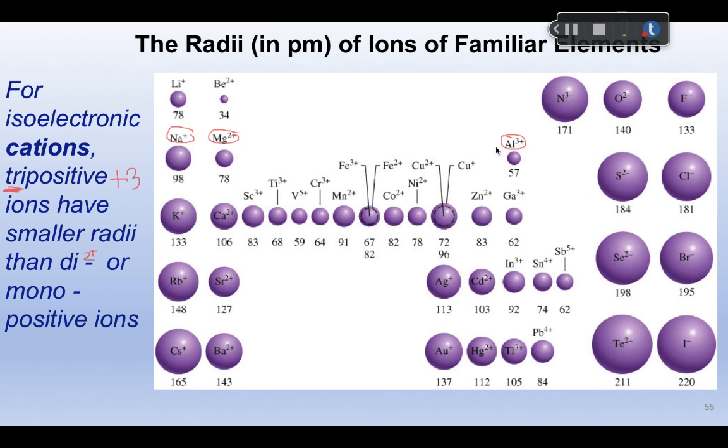The one that's tri-positive, namely aluminum, is going to be the smallest because it's got more protons pulling on the same number of electrons, namely 10 in this case. The same pattern works for gallium and its neighbors, calcium and potassium. So the tri-positive ones are going to be smaller.